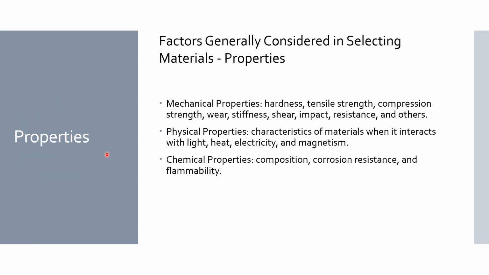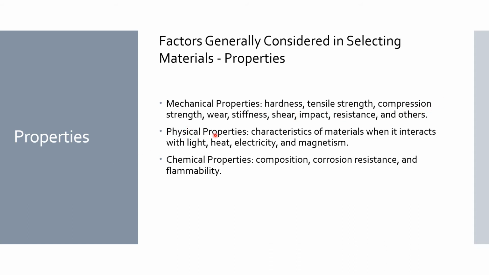If you think about the properties in selecting materials, we look at 3 different properties. One is the mechanical properties, in which we think about and calculate hardness, tensile strength, compression strength, wear, stiffness, shear, impact resistance, and so on.